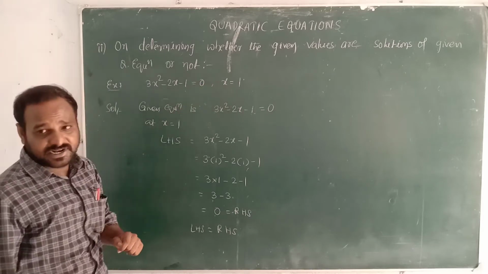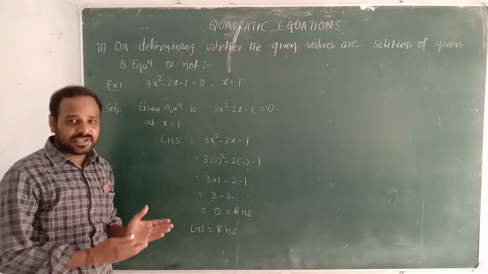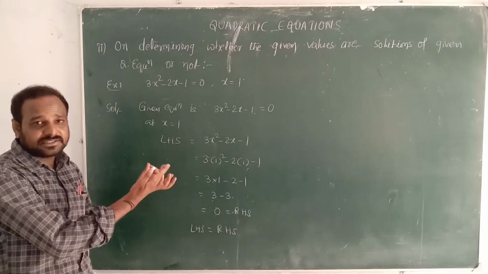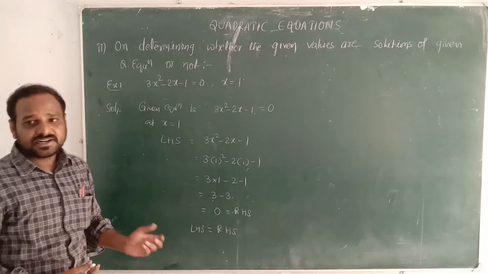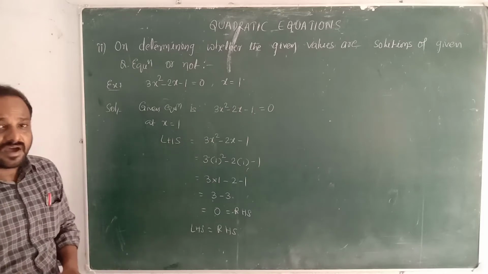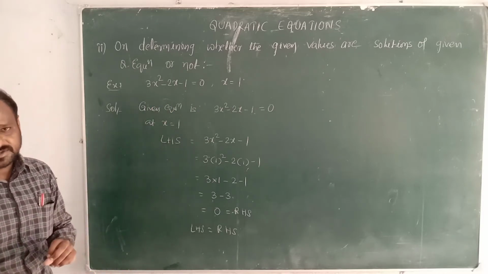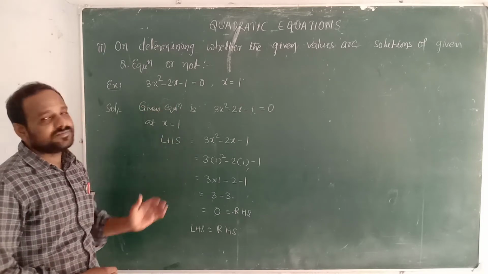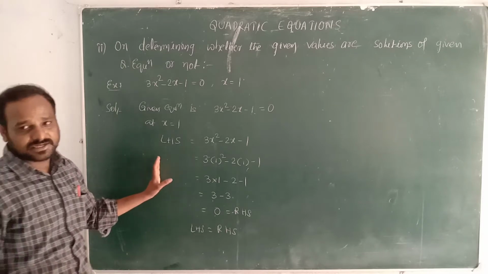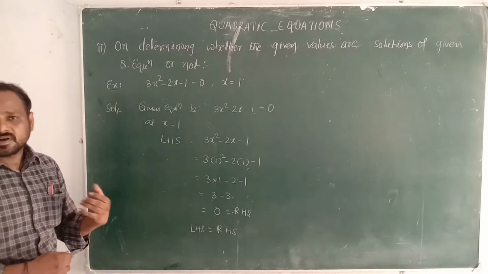When we substituted x is equal to 1 in the given quadratic equation, we got the result 0. So x is equal to 1 is a root or solution of the given quadratic equation. Did you understand? This is the process to check whether the given value is a solution of a given quadratic equation or not.